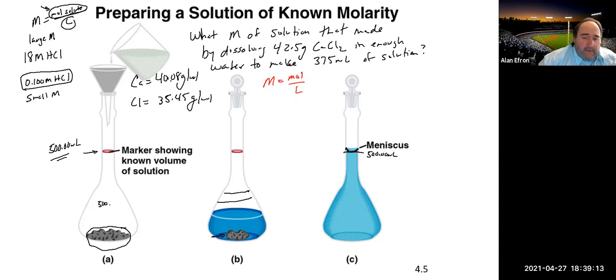Going through what we have, we have 42.5 grams of calcium chloride in enough solution to make 375 milliliters of solution. So we technically have the liters part, though we do need to convert it to liters. We are looking for the molarity.